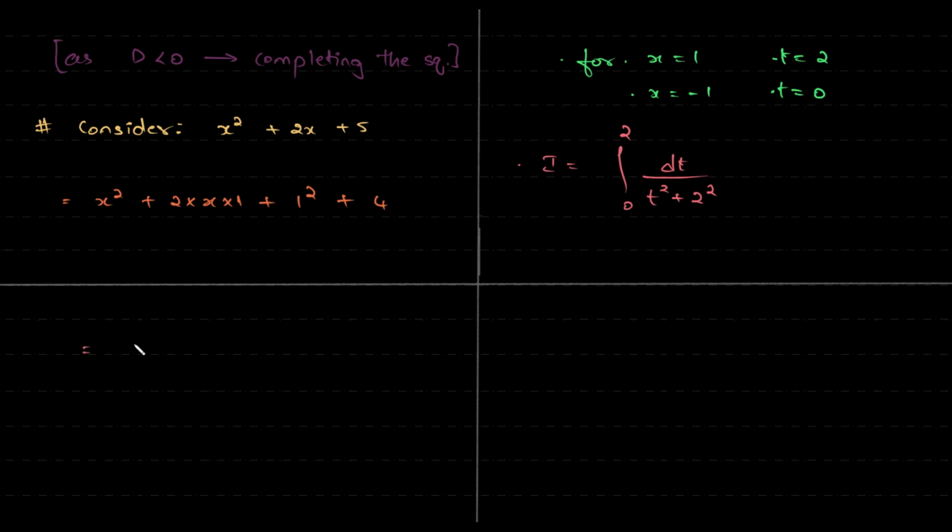So this is nothing but 1 by 2 tan inverse of t by 2 from 0 to 2. And further substitution gives 1 by 2 times tan inverse of 2 by 2 minus tan inverse of 0.